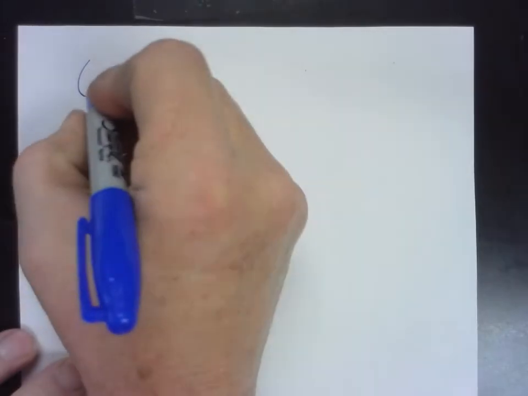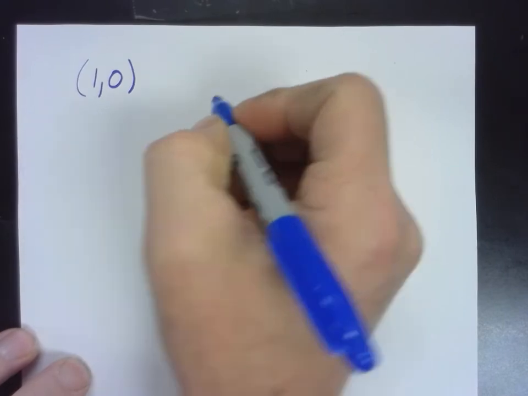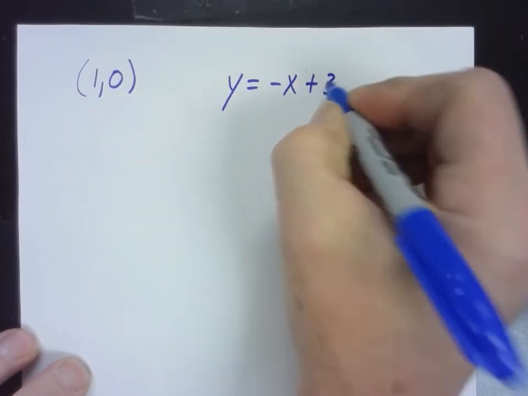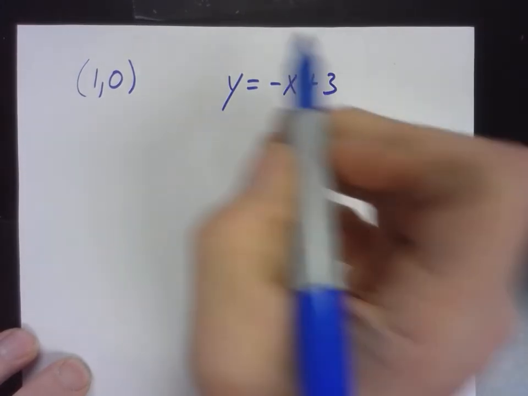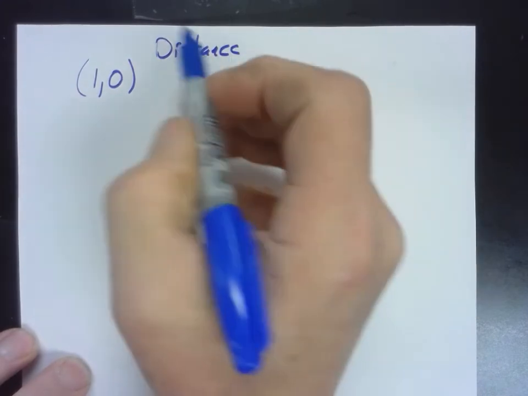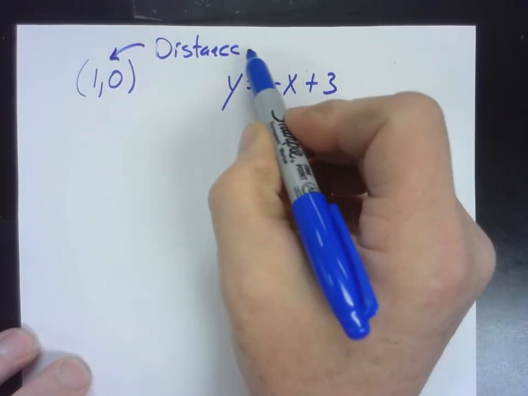Now ready for the hard one? So, I've got a point here, and I've got a line, and I want to know the distance from this point to that line.